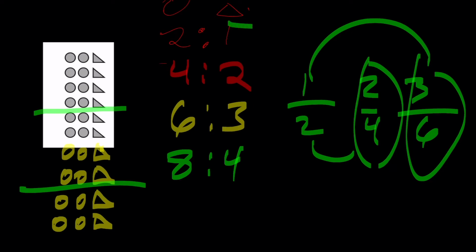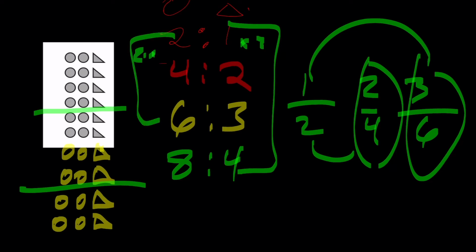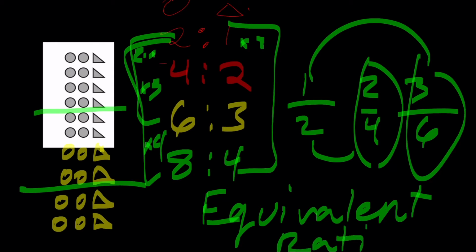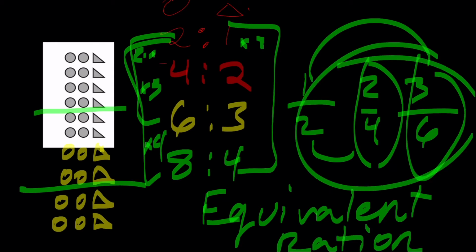It's the same as the ratios here. The 2-to-1 ratio, the 4-to-2 ratio, right? All I've done is multiplied by 2 there. To get from here to here, I've multiplied by 3. To get to here, I've multiplied by 4. So these are equivalent ratios, as opposed to fractions.